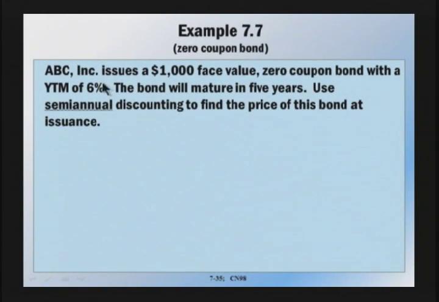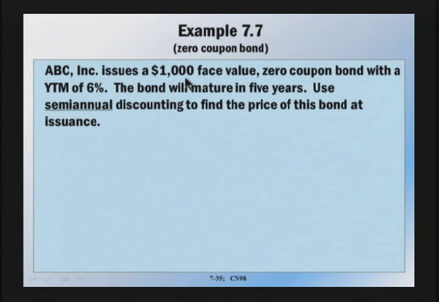So for example, ABC issues a $1,000 face value bond. It pays no coupons. It's supposed to yield 6%, and it will pay you the $1,000 face value 5 years from now. Let's discount this on a semi-annual basis. Even though it pays no coupons at all, since so many bonds are semi-annual bonds, we even discount zero coupon bonds on a semi-annual basis.